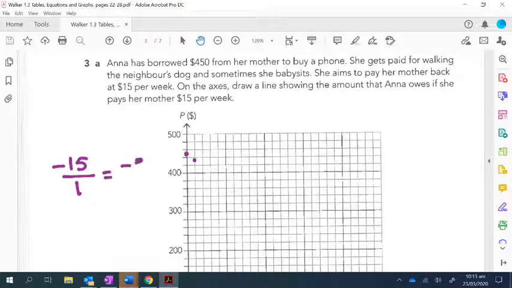So maybe if we change it to 2 weeks, just multiply them both by 2, that might be a little easier because that's going to be $30 for every 2 weeks, right? Yeah, this is not a pretty graph. So that means over 2 and down 30. That makes it a little easier, actually.